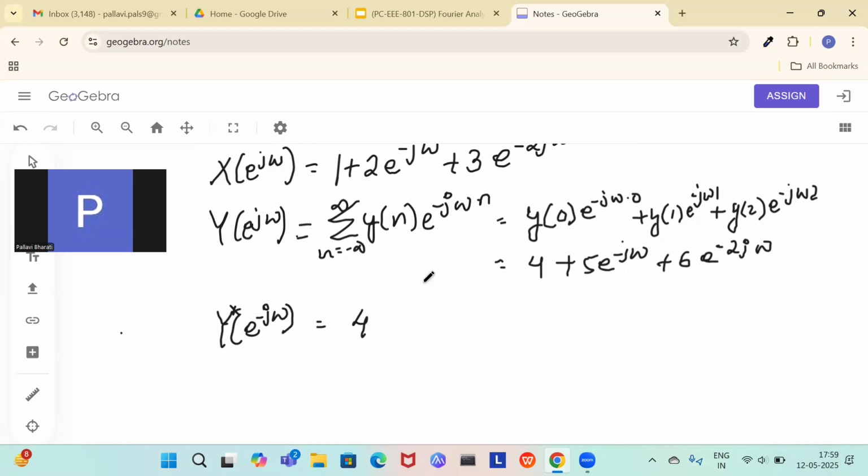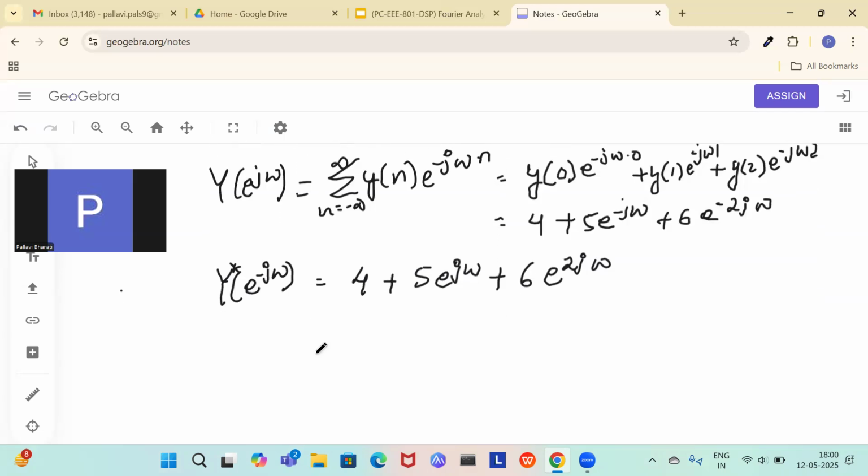It will become 4 plus 5 e to the power of j omega plus 6 e to the power of 2 j omega. And now we are going to multiply, so we have to just take the conjugate of it. Now we will multiply this X of e to the power j omega with Y star of e to the power of j omega.